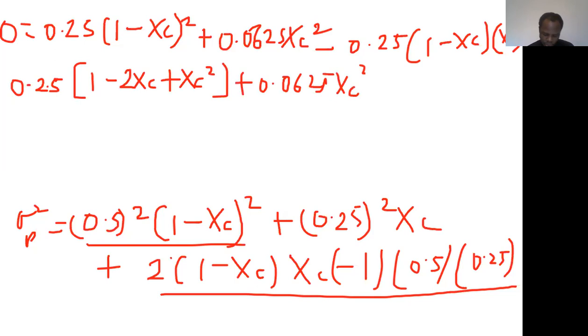And this one is also going to give me minus 0.25 times xc minus xc squared. Great.